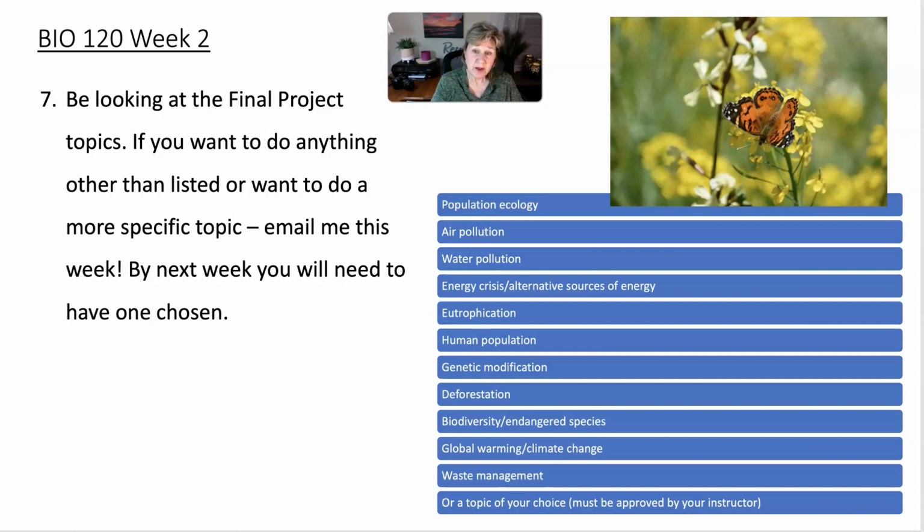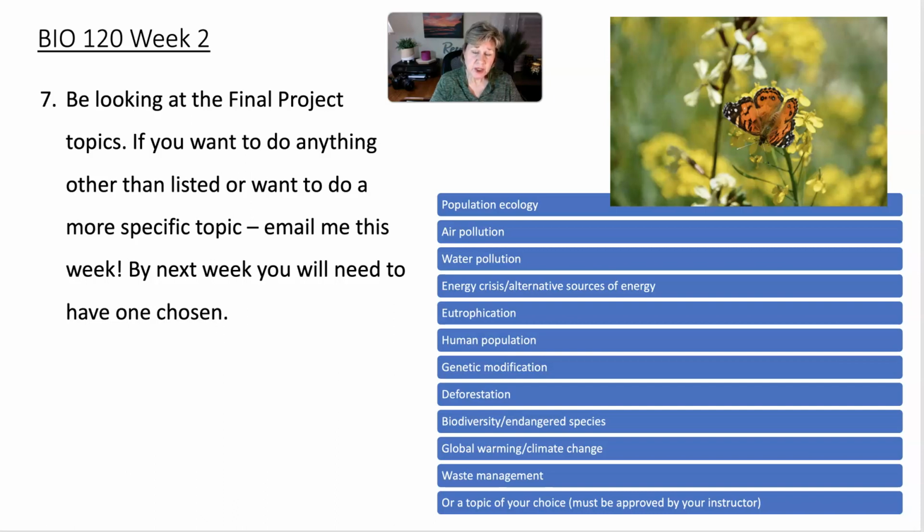And that's why you see all these screening types of things around construction areas, and you see retention ponds and all that sort of thing. The energy crisis and alternative forms of energy, solar, electric vehicles, all that sort of thing. Eutrophication is a natural process where a body of water ages out over time. So this could be a lake, it could be a pond, could be a river.